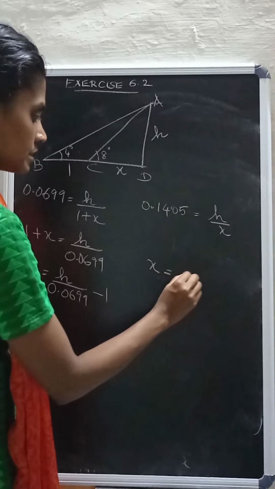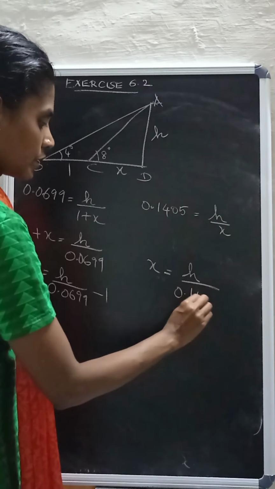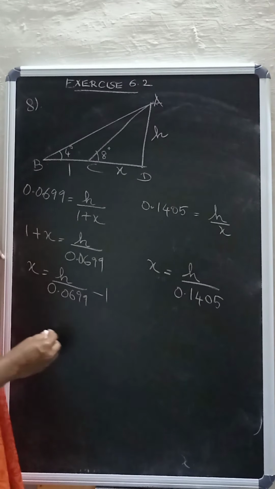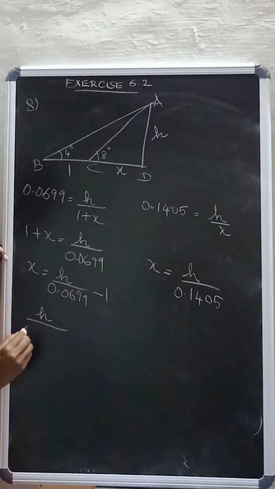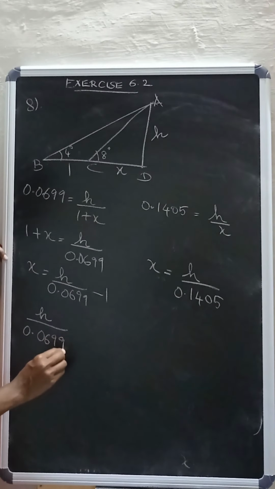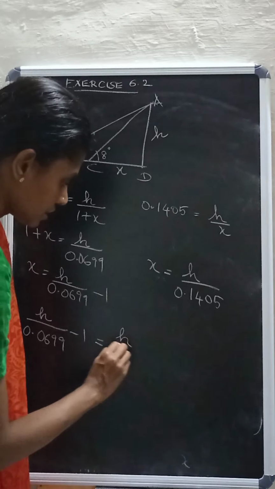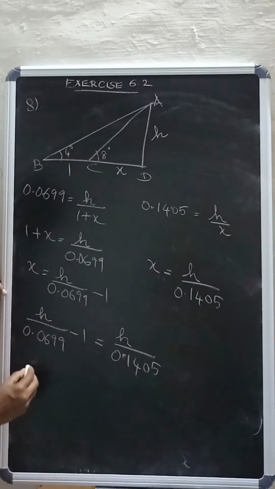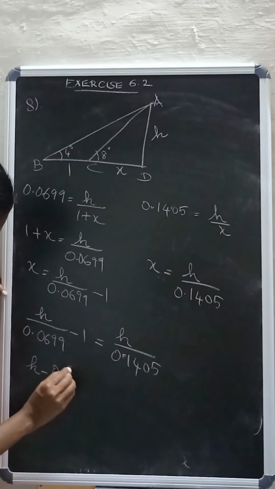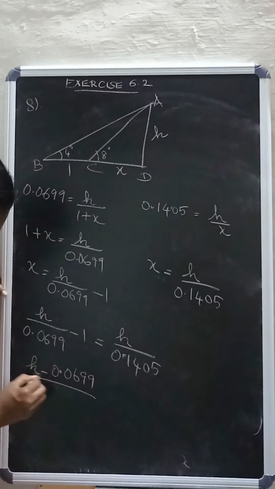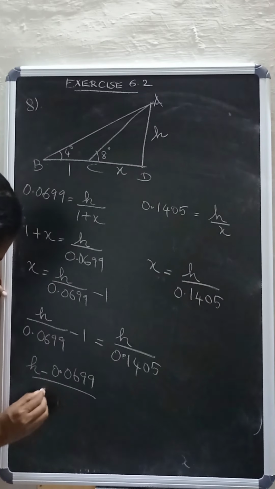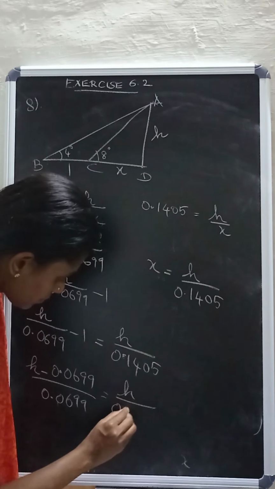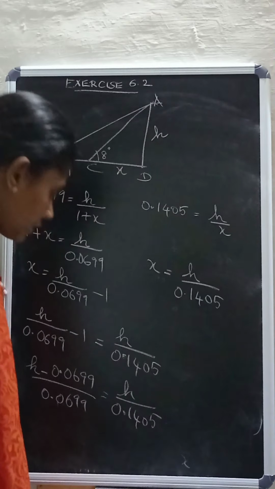Here x is equal to h by 0.1405. Now let us equate this x. Here also x, here also x. So h by 0.0699 minus 1 is equal to h by 0.1405. Here take LCM, h minus 0.0699 divided by 0.0699 is equal to h by 0.1405.